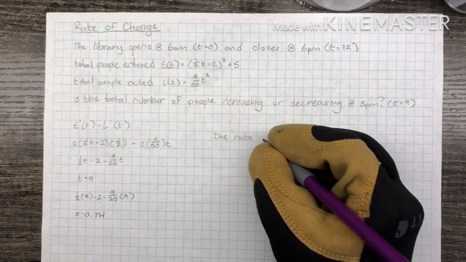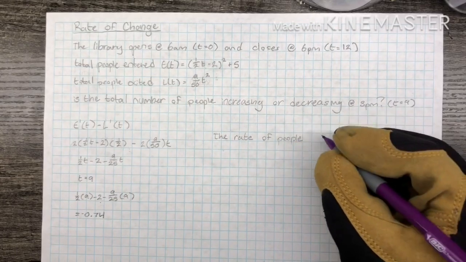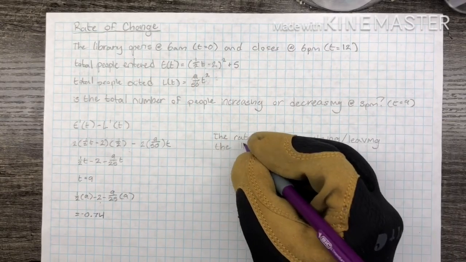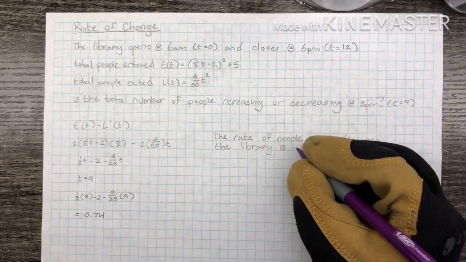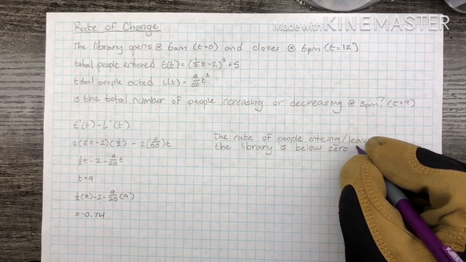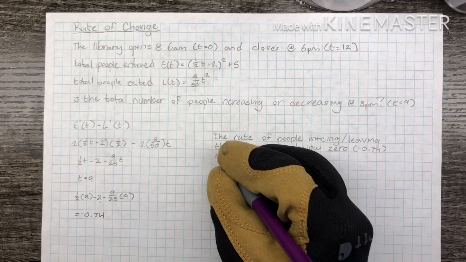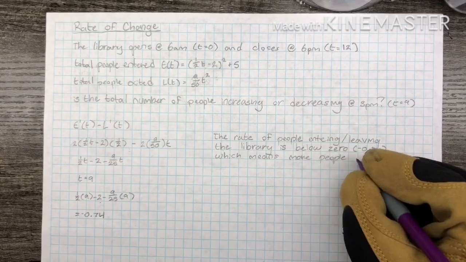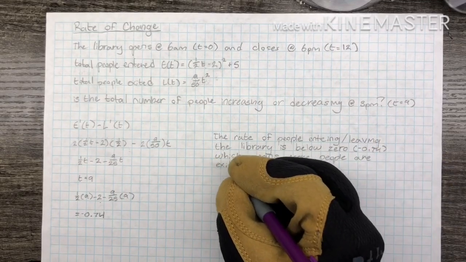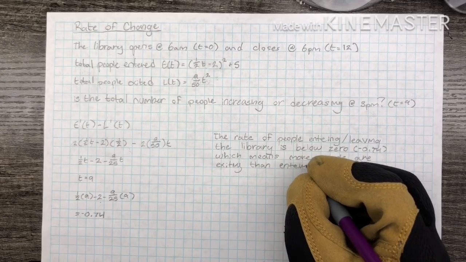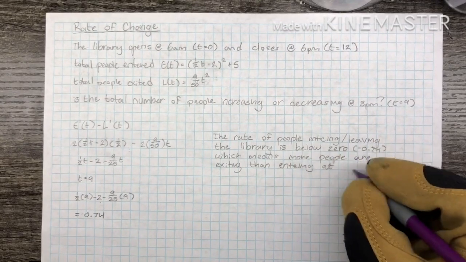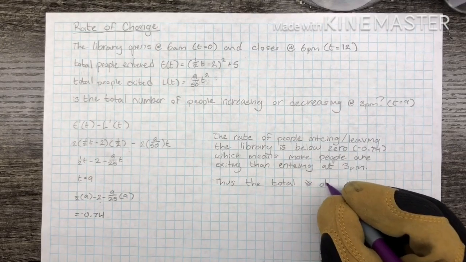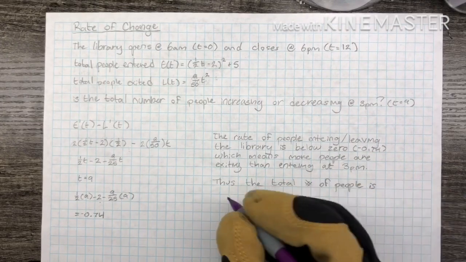The rate at which people are entering and leaving the library is below 0, negative 0.74, which means that more people are exiting the library rather than entering at 3 p.m. Thus, the total number of people in the library is decreasing.